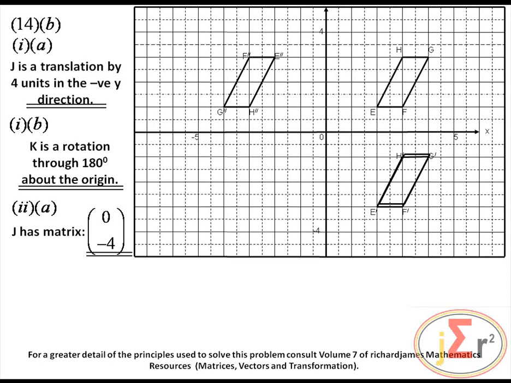And for K, we need to write down the matrix of a rotation by 180 degrees about the origin. Richard James Mathematics Resources will clarify that, but some students have it in memory, some will have to work it out. The working out is shown in Richard James Mathematics Resources. So we may write that down. K has matrix -1, 0, 0, -1.